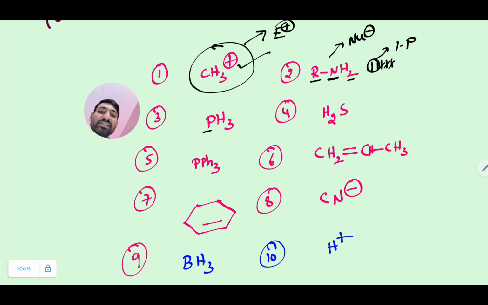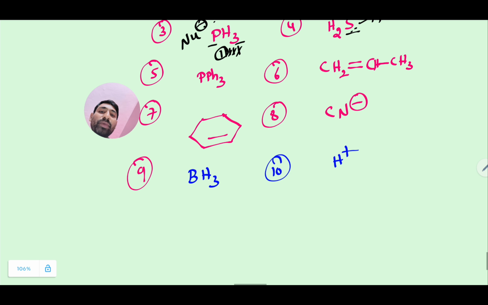Then take PH3, phosphorus group number 5. There are 3 hydrogen bonds, and the remaining pair is there, so it acts as a nucleophile. Now in the case of H2S, there are 2 pairs of electrons, so it acts as a nucleophile.